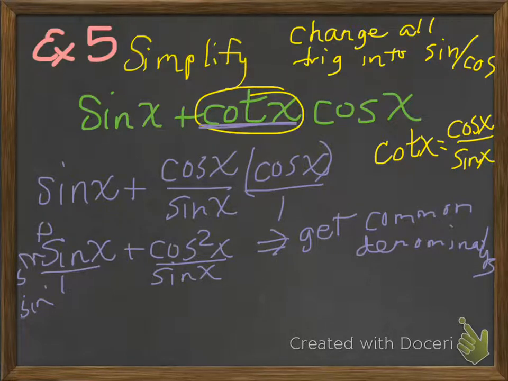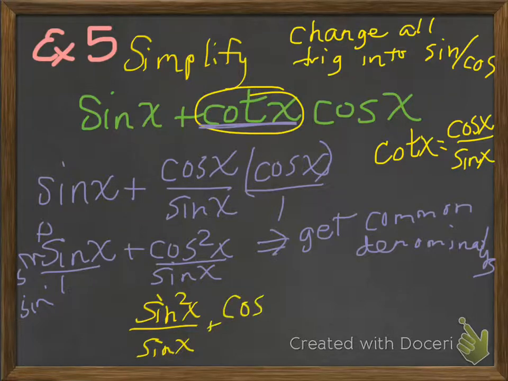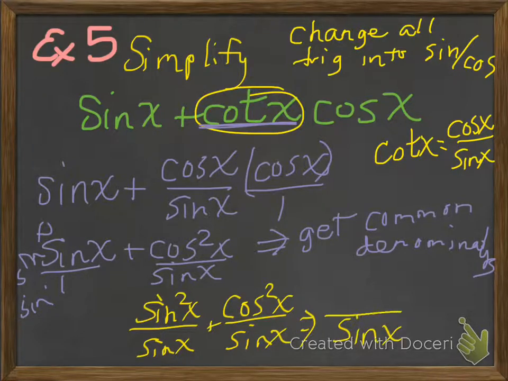I'll change color again, and I get sine squared x over sine x plus cosine squared x over sine x. And when you put them all over the same, since they have a common denominator, we can do this. Sine squared x plus cosine squared x.